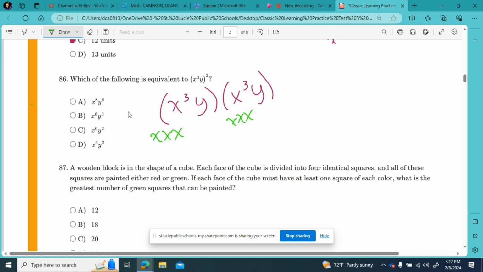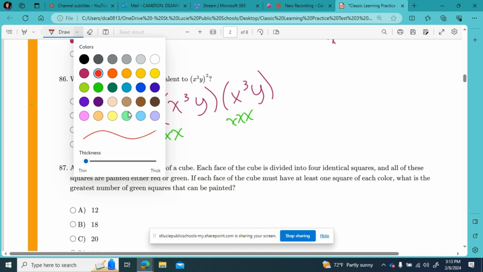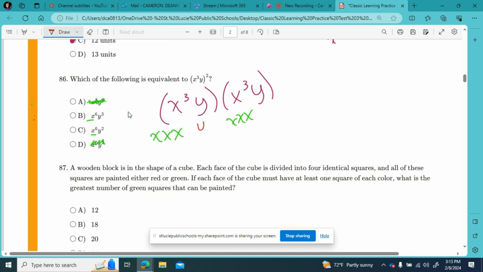You'd have x to the power of 6. So these two are in, these two are out. And then you have y times y. There's only 2 of them, so you're out. And you are the answer.